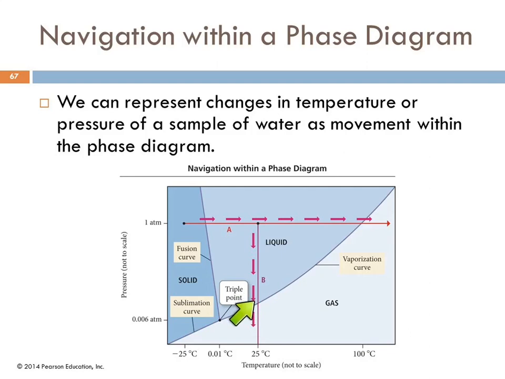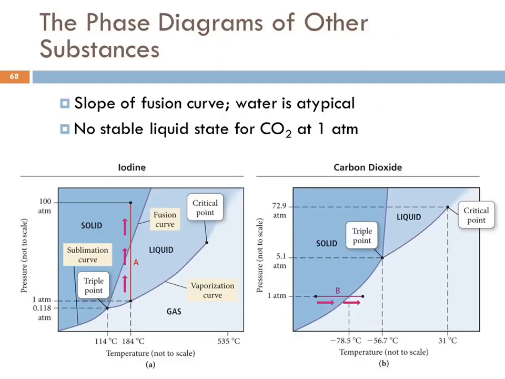I have witnessed it personally. It's amazing to see water boiling at room temperature. But that's so these curves can help us think about what's going on. We can pick a temperature or pressure and then follow movement through this graph to describe what's actually happening to the substance.